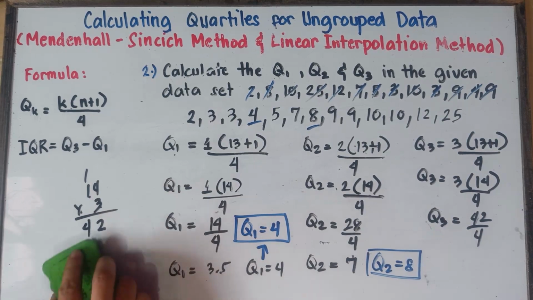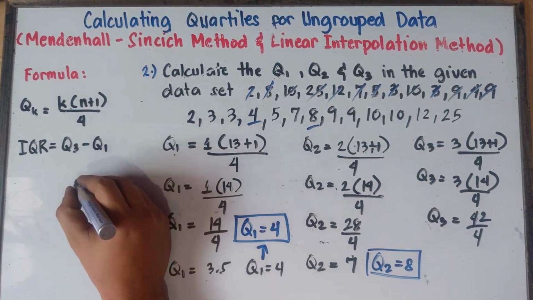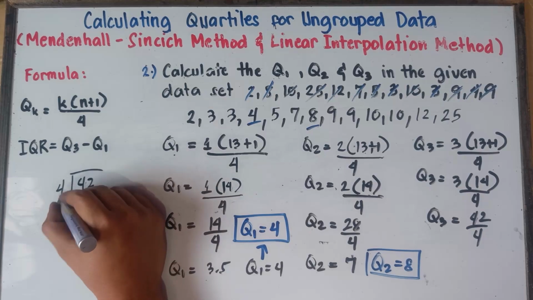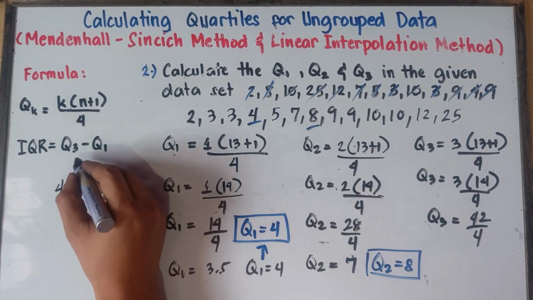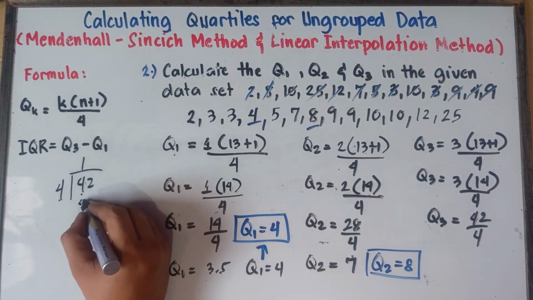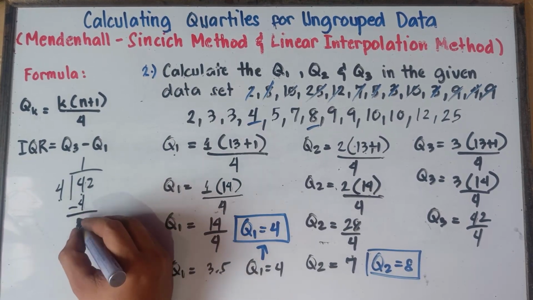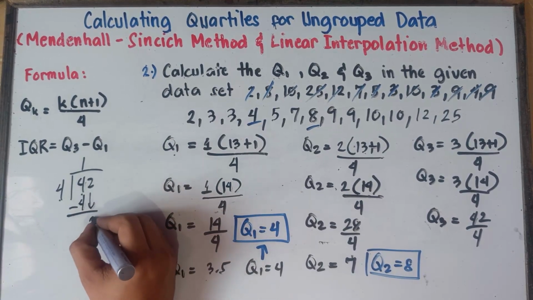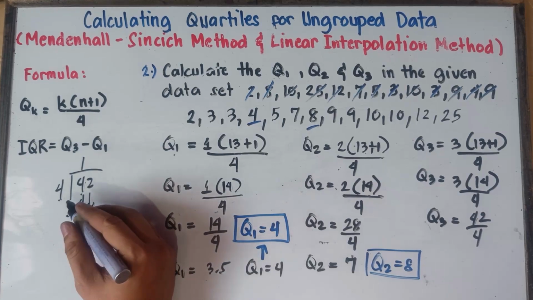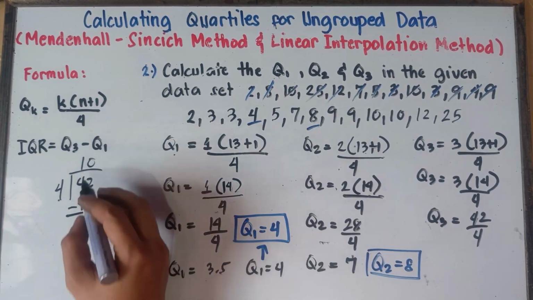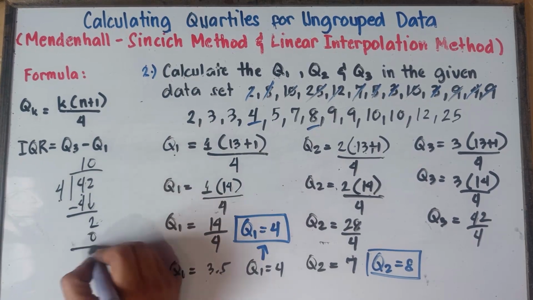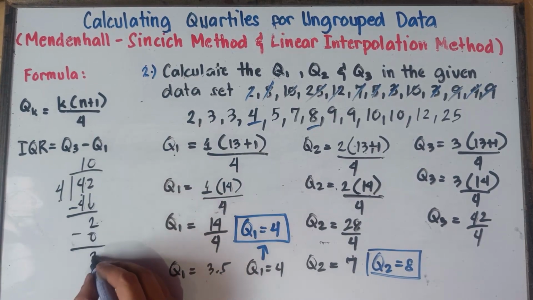Alright, let's do that. 42 divide 4. So 4 divided by 4 is 1. 1 times 4 is 4. Subtract. That would be 0. And then bring down 2. So 2 divided by 4, that cannot be. That would be 0. And then 0 times 4 is 0. Subtract. 2 minus 0 is 2.